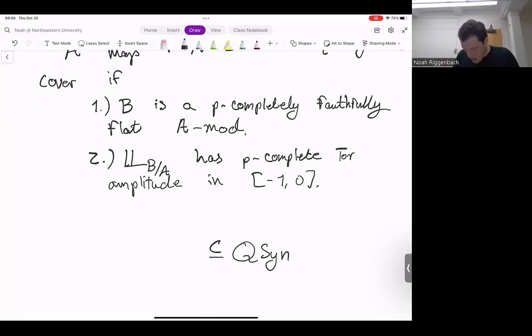So sitting inside of quasi-syntomic rings, there is a subcategory of quasi-regular semiperfectoid rings.